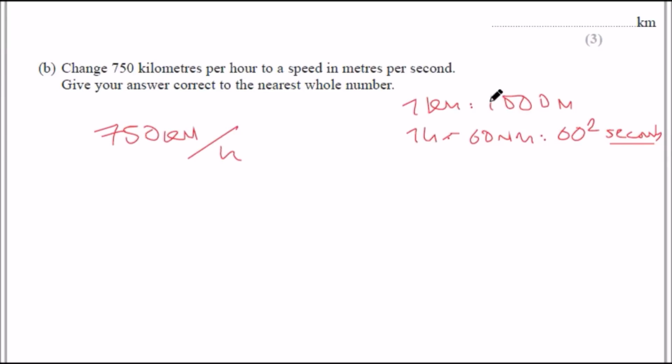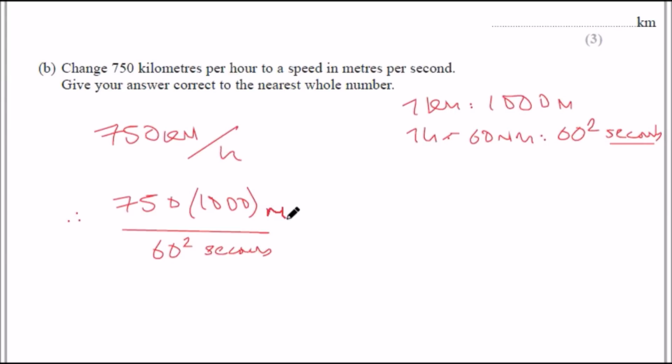Okay, now what does this mean? So therefore we just replace the values. Replace kilometer with 1,000, so therefore we're going to have 750 times 1,000 over an hour, which is 60 squared seconds. And of course this is meters, so therefore literally just put that in the calculator. Put 750 times 1,000, which will give us some value, and then divide that by 60 squared.